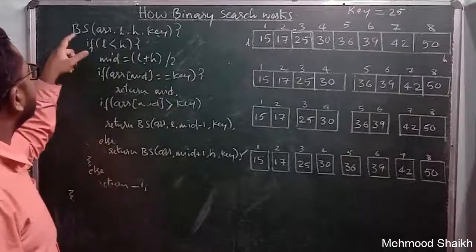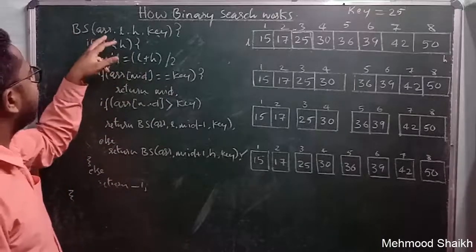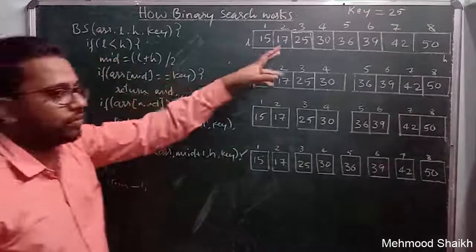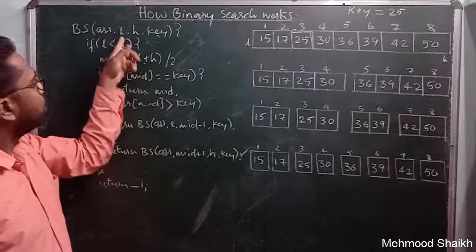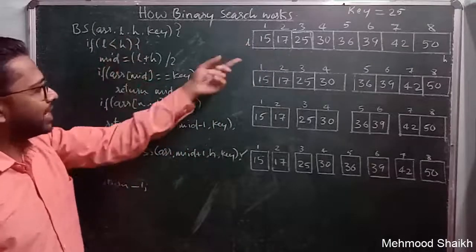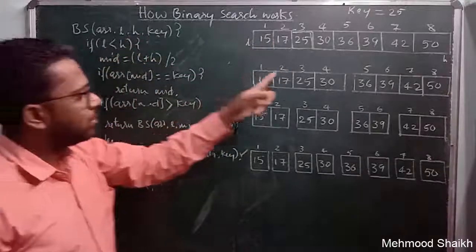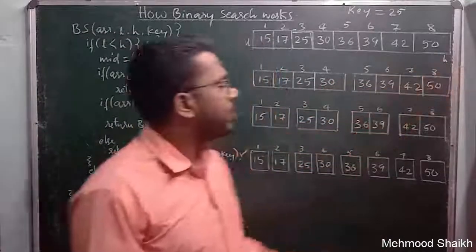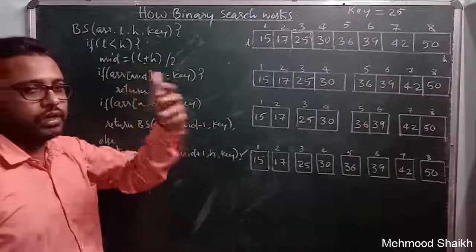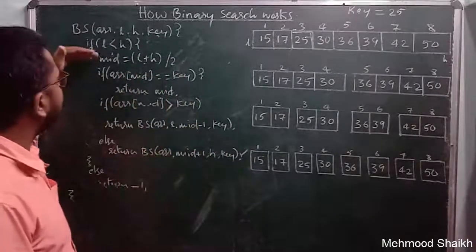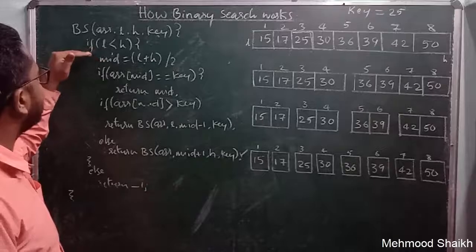Here binary search is the name of the algorithm, and it takes the array, which is the name of the array, and low, L stands for low, which I have marked to the first index of the array, and H, which I have marked to the last index of the array, and the key element which we need to search.